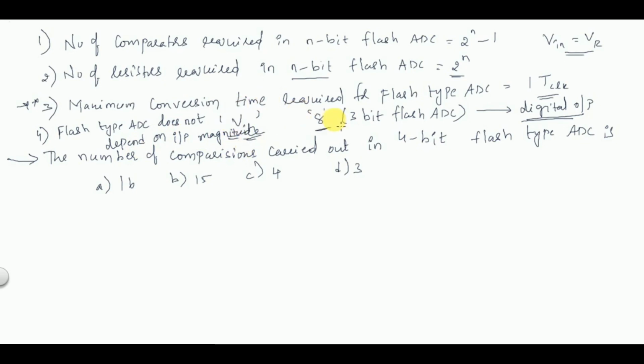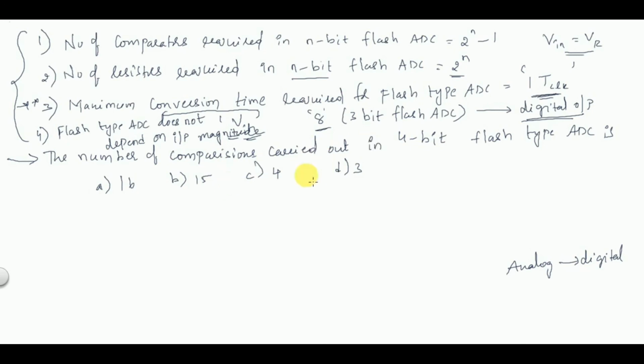For any value of V in, it takes only T clock, or 1 into T clock. It takes only 1 clock cycle to complete the conversion from analog to digital. These are the 4 important points you have to remember for all the competitive exams, and remember the operation of both 2-bit and 3-bit flash type ADC.